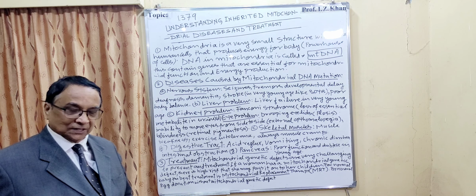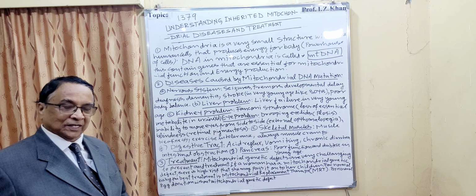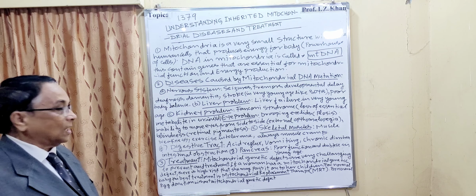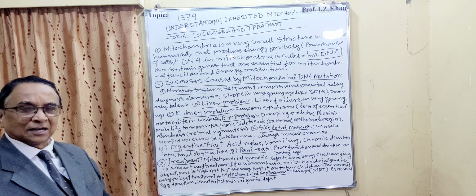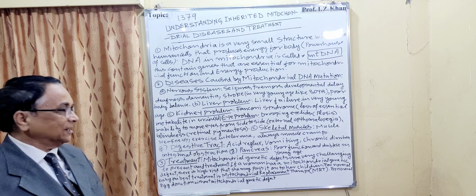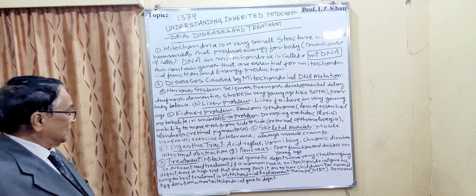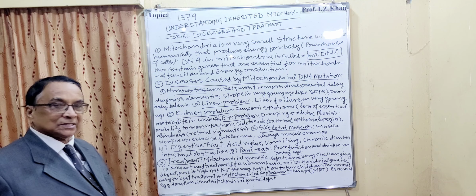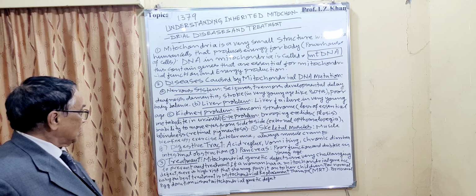Then skeletal muscles. Generally skeletal muscles are very weak and it will not be possible for them to do exercise. They will also have regular, very frequent muscle cramps and weakness and pain. Muscle weakness, exercise intolerance, and always muscle cramps.